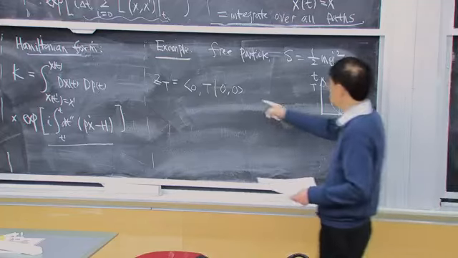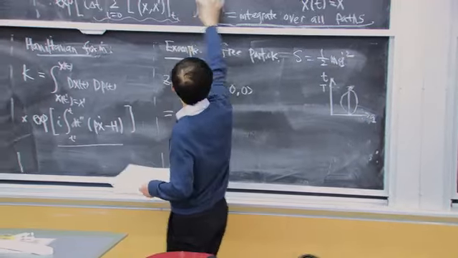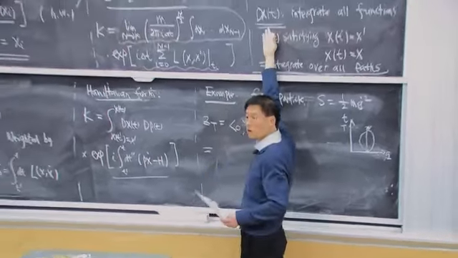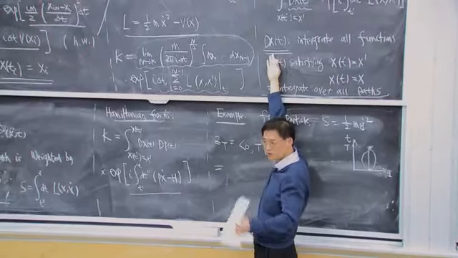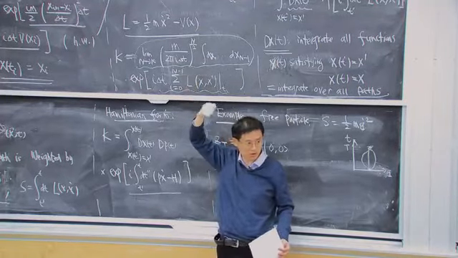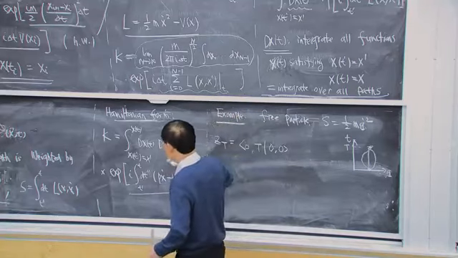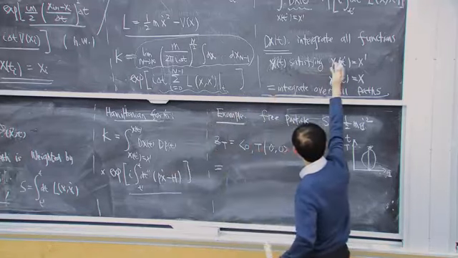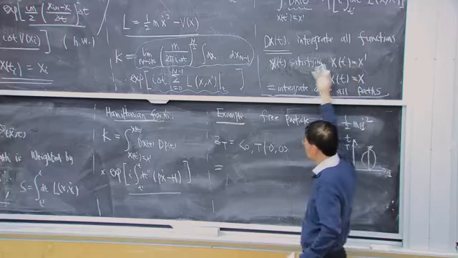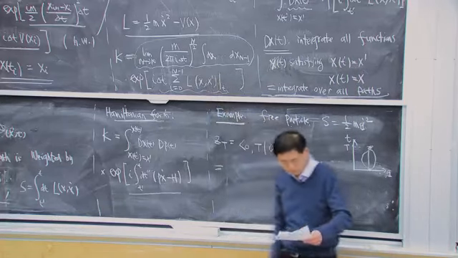In order to compute this, we have to work with this, because this is only a formal notation for this object. This is called the path integral. If you really want to calculate this path integral explicitly, then you have to go back to this form.